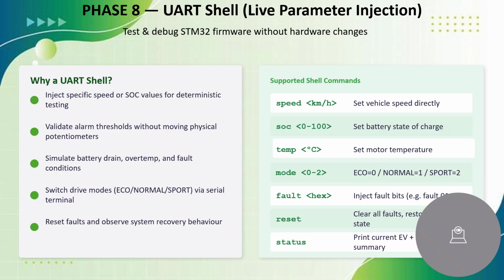The supported CLI commands are: speed in kilometer per hour to set vehicle speed directly, SOC to set battery state of charge, temperature to set motor temperature, mode eco, normal, sport, and reset status and fault. These are all serial commands provided to test and debug the STM32 framework without changing the hardware.